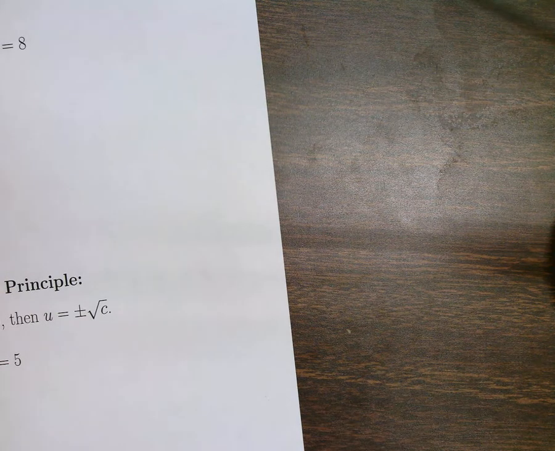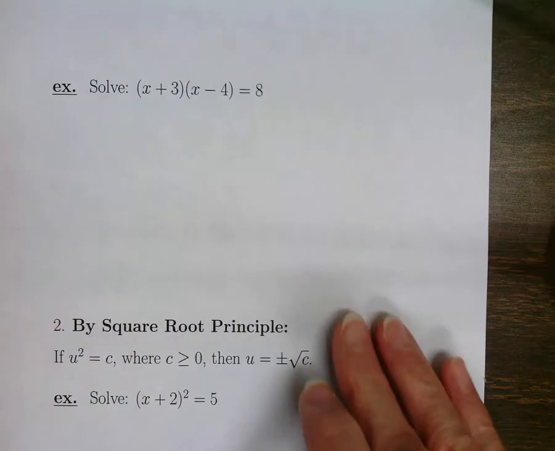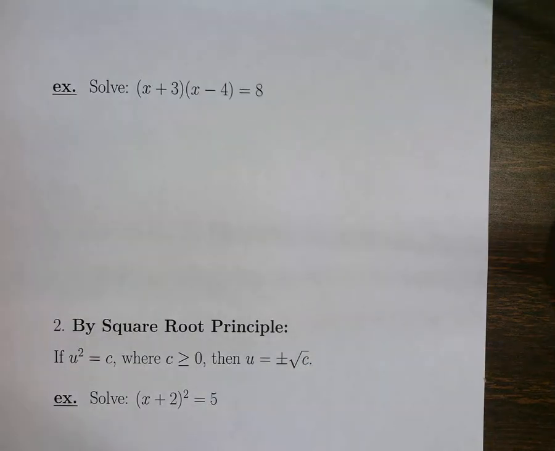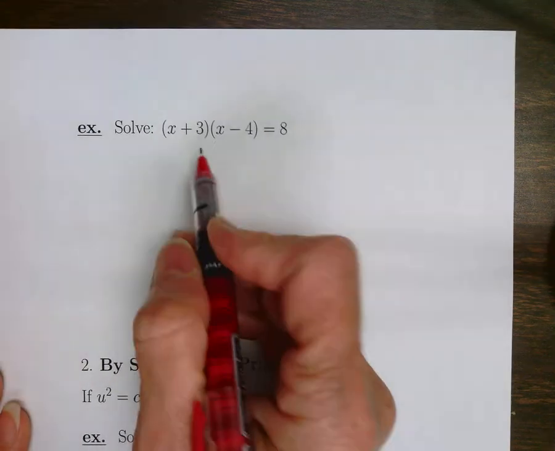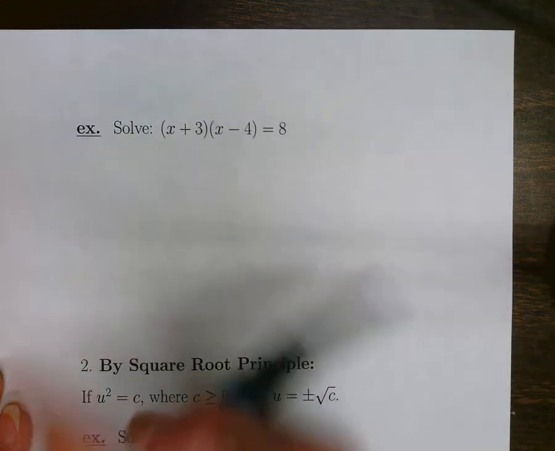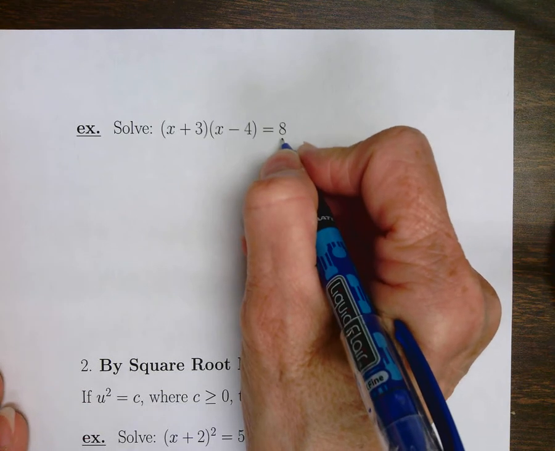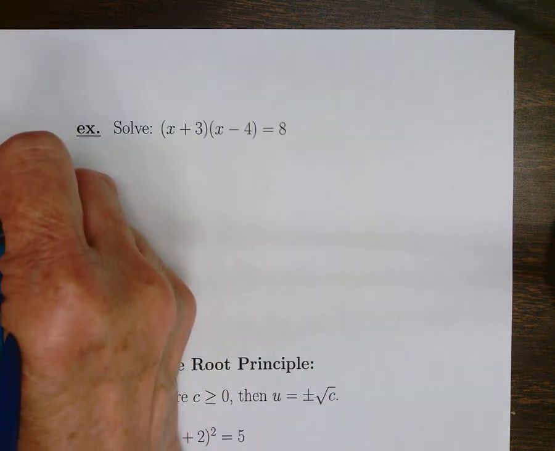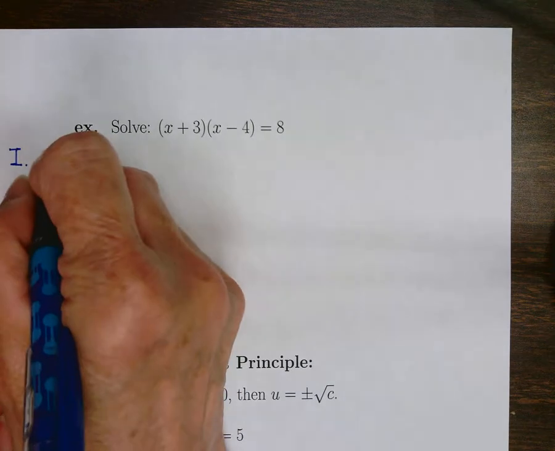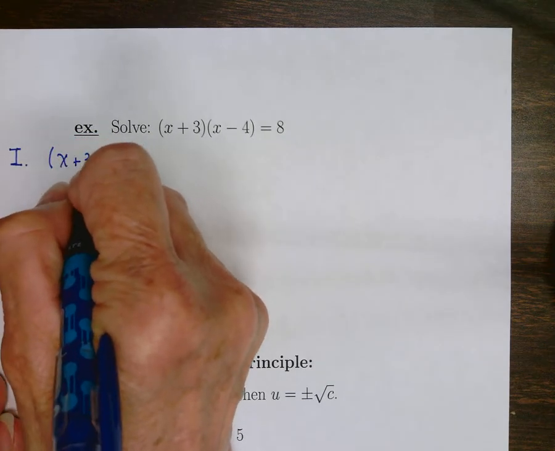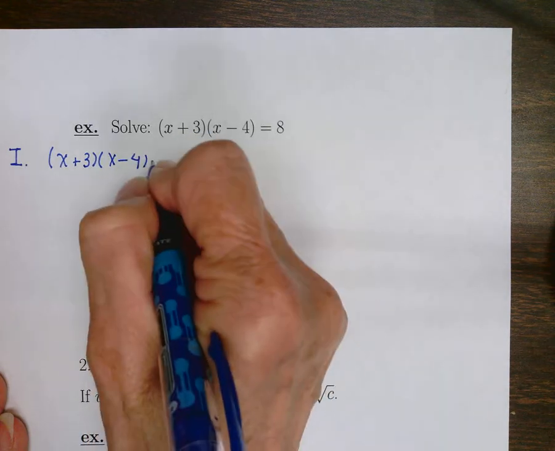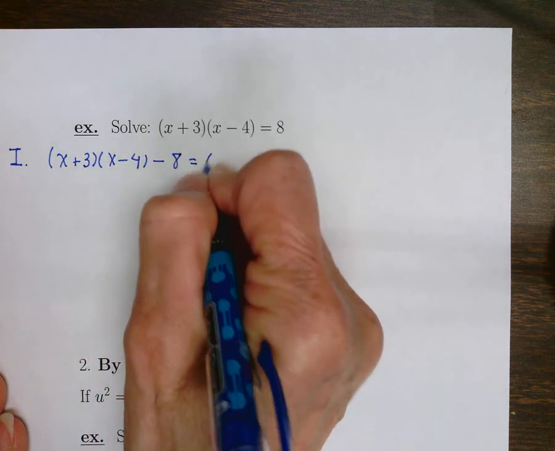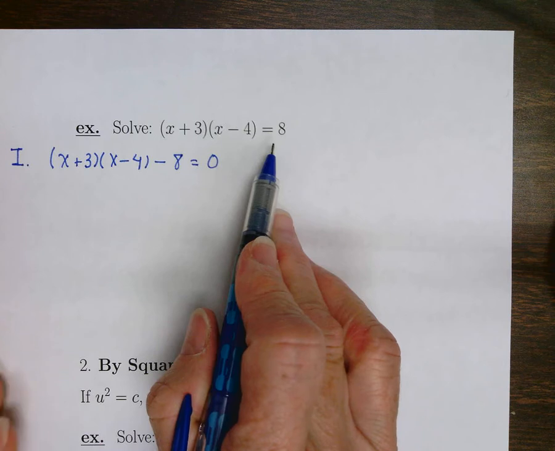All right, now don't make the mistake here of saying, oh, okay, it's a product, so I set each factor equal to 0. All right, the issue is that the right-hand side is not 0 initially. So our first step is to set it equal to 0 and then to rewrite and refactor. You cannot just set each factor equal to 8.